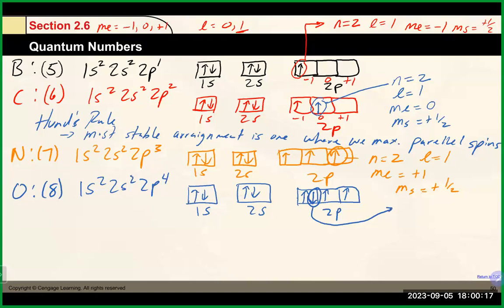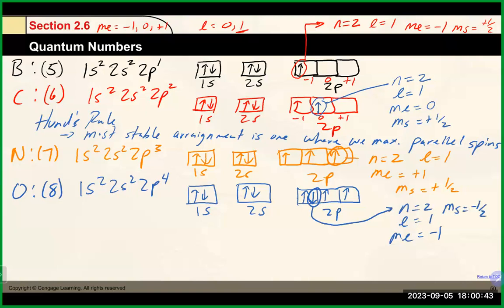So our quantum numbers for that one at the end should be n is equal to 2, as it's still the second energy level. Our L will still be 1 because it's in a p subshell. Our M sub L is now back to -1, as it's sitting in the px orbital. And our M sub S in this case is going to be -1/2.